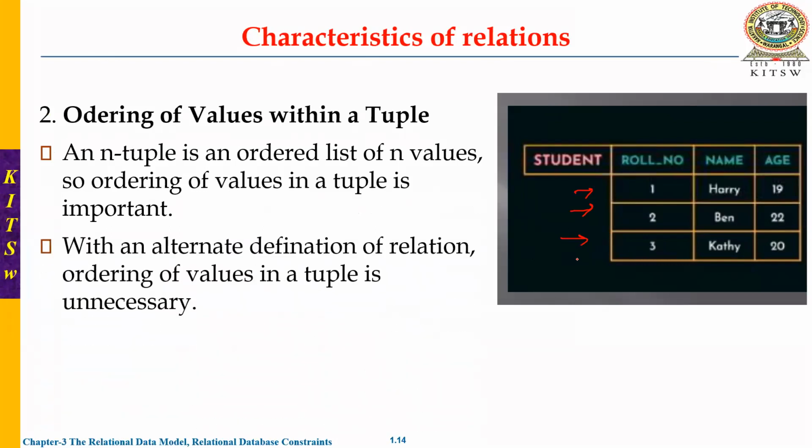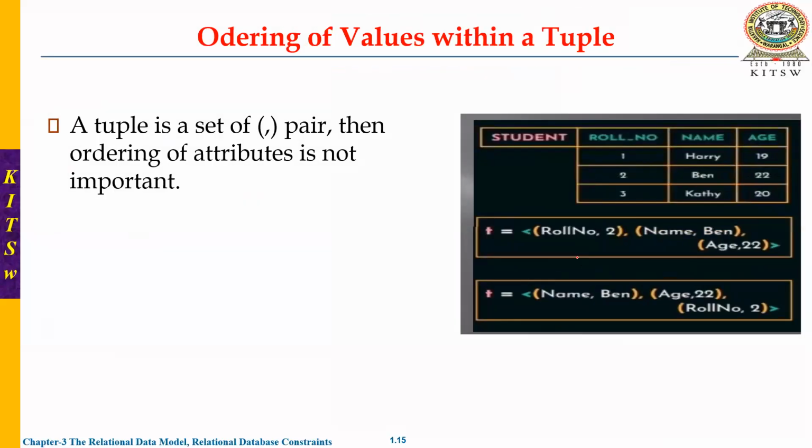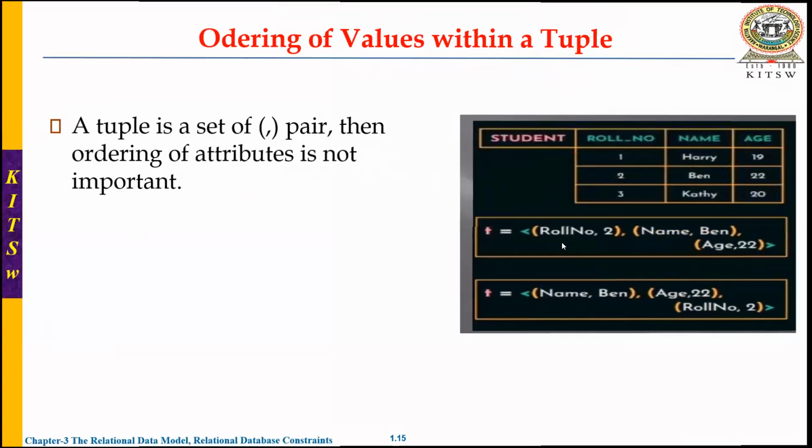With an alternative definition of relation, ordering of values in a tuple is unnecessary. If a tuple is a set of all the row values, then ordering of attributes is not important.